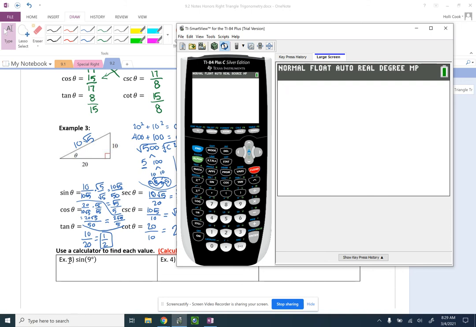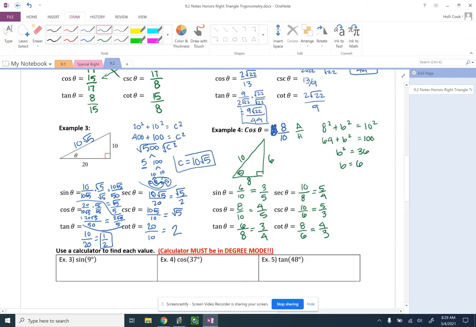Okay, so the first one we're going to do is the sine of 9 degrees. Your sine button's right here. Hit enter. You get about 0.16, I think it was.